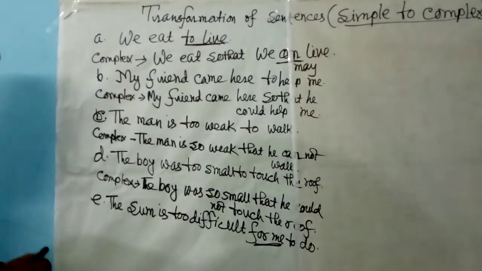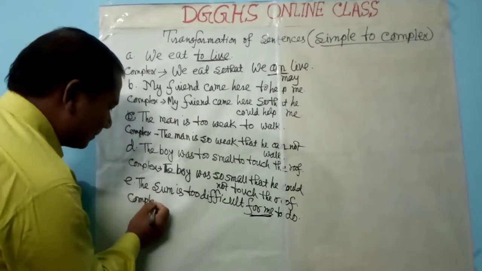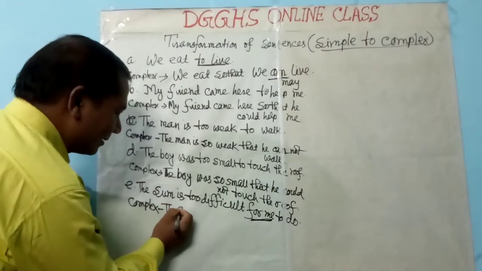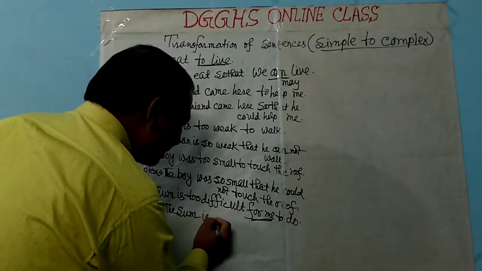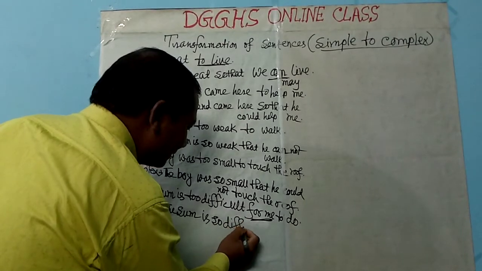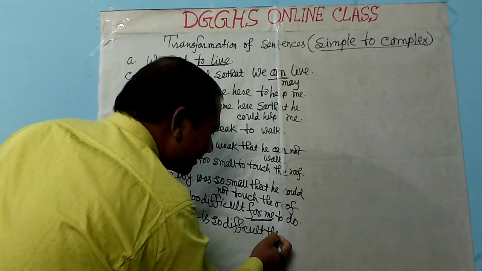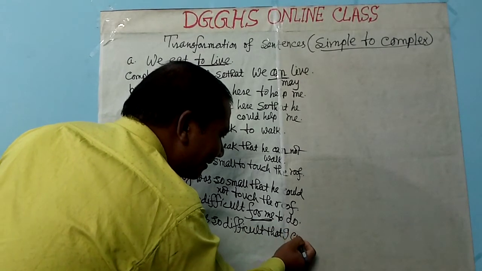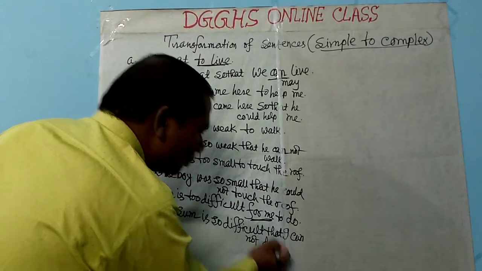So here you see complex, the sum is so difficult that, here the subject me, that means I cannot do.